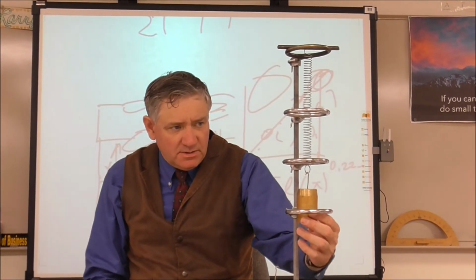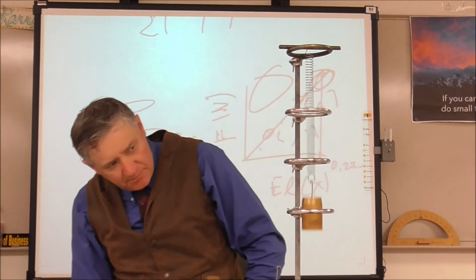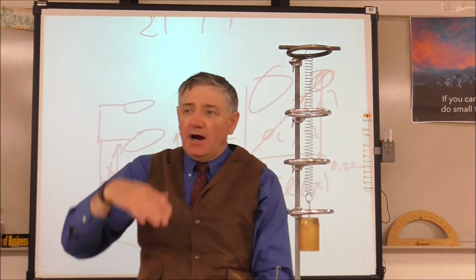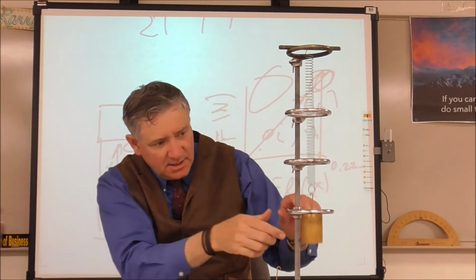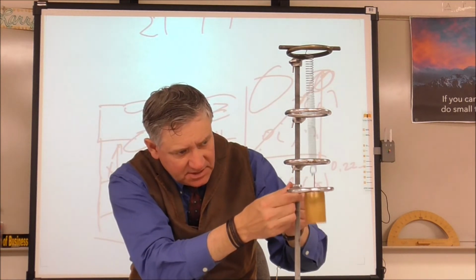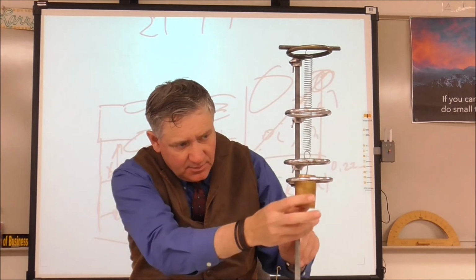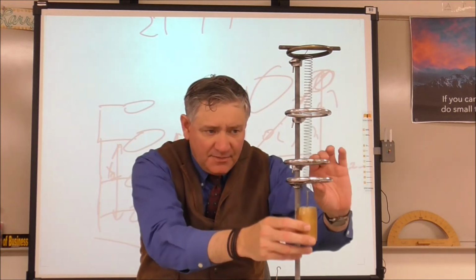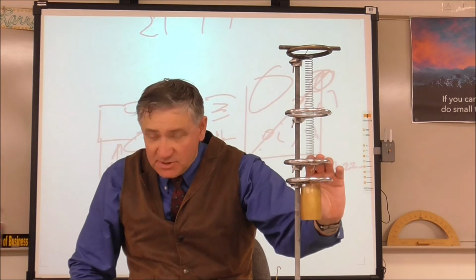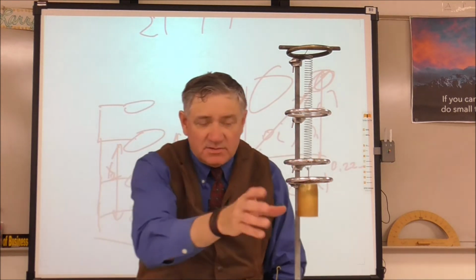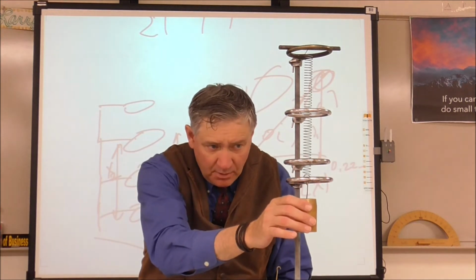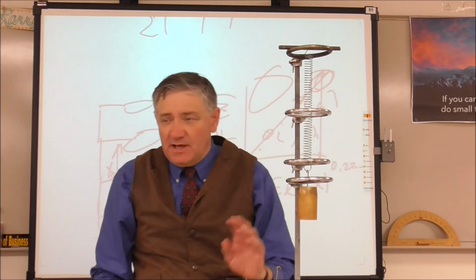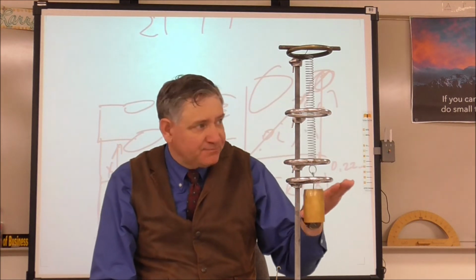What you want to do is get this thing oscillating back and forth. Get it oscillating, and then set the rings at the top and bottom of the oscillation after it's oscillating. What I don't want you to do is pull it down to this point and then let go of it. That's not it, okay?